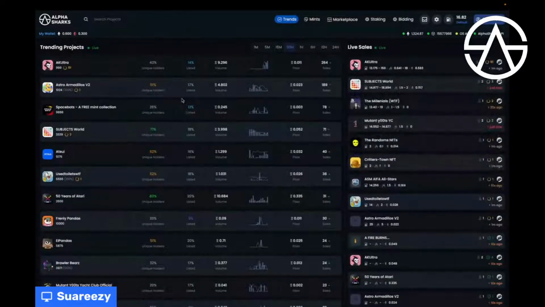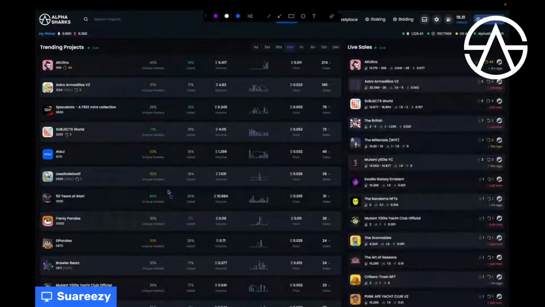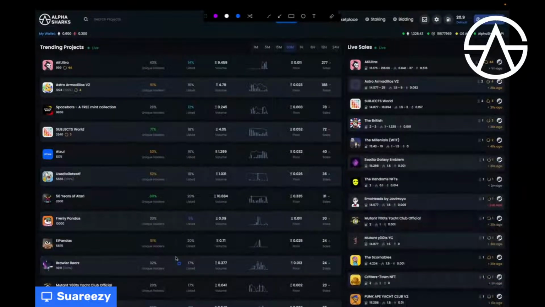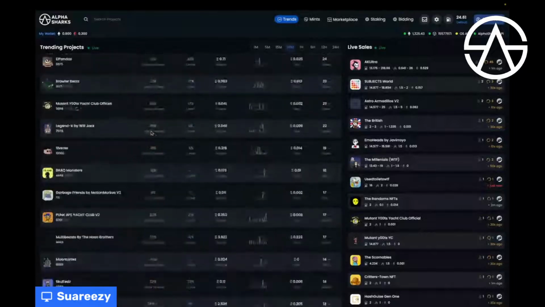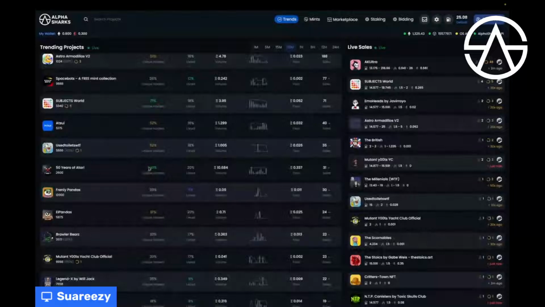When you go to your left-hand side, you're going to have unique holders. Unique holders is a great breakdown for seeing, again, how thin our walls are going to be. If there are plenty of unique holders, we're definitely going to want to see higher color codes, meaning something like a green color code, where our unique holders are pushing about 70%. Anything over that, we're going to see a green indication.